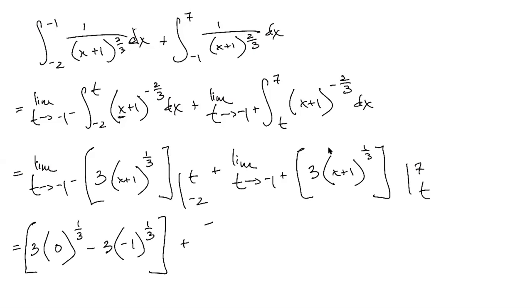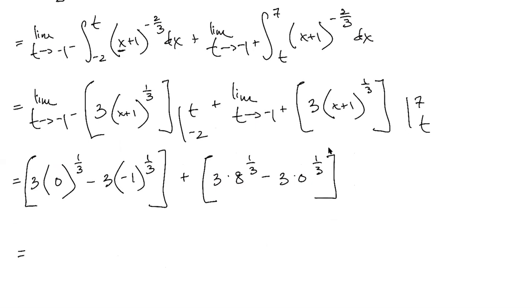And then when we do the second one, we'll get 3 times 8 to the 1/3 minus 3 times 0 to the 1/3. And when we simplify, we'll get 0 plus 3 plus, let's see, the cube root of 8 is 2, so 3 times 2 gives me 6, and then minus 0, or 3 plus 6, or 9.